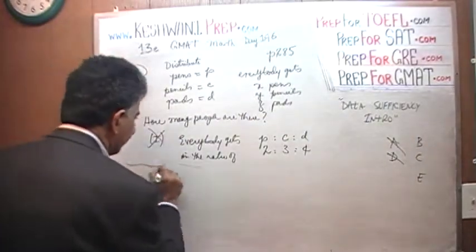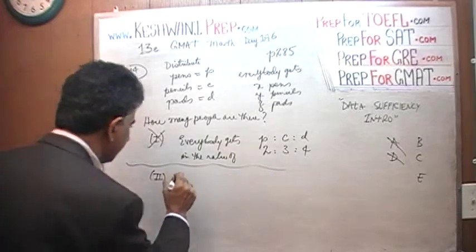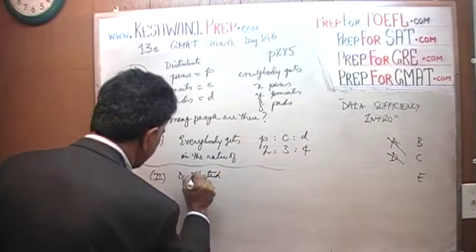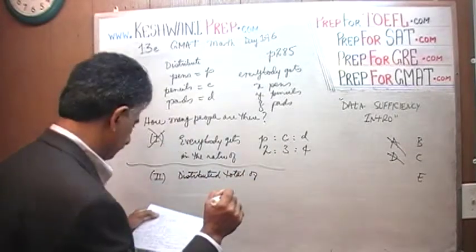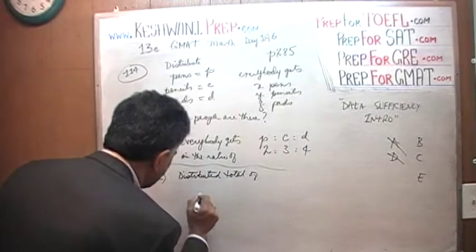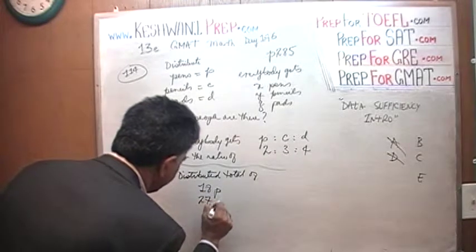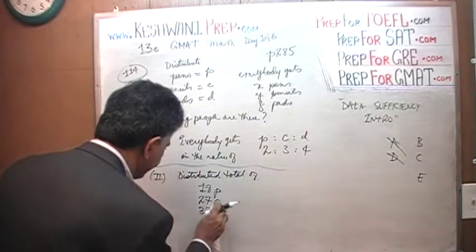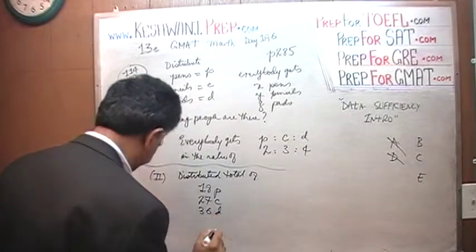Let's look at the second statement. In the second statement they tell us that he distributed a total of 18 pens, 27 pencils and 36 pads.